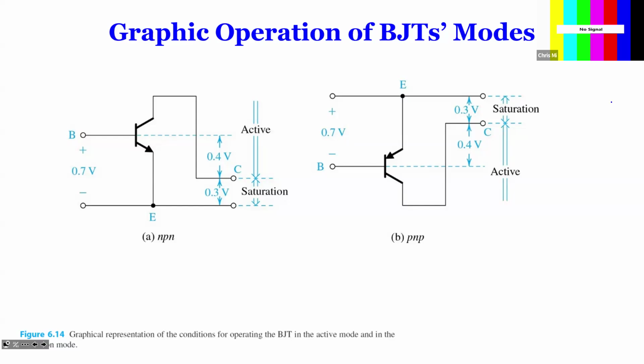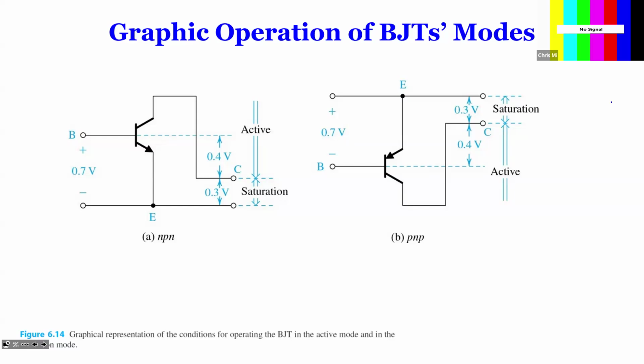Now, similarly on this one, you look from the top. So from VE to VB, it has to be 0.7, okay? And once that reaches 0.7, this BJT conducts, whether it's in active or in saturation, depending on the voltage between E and C, so VEC.